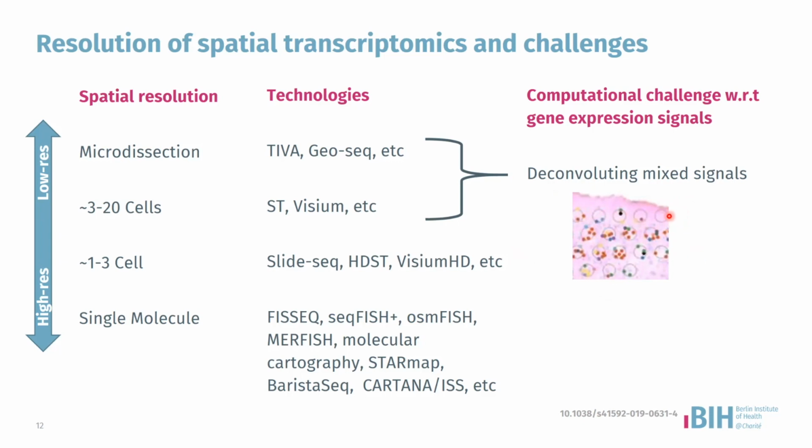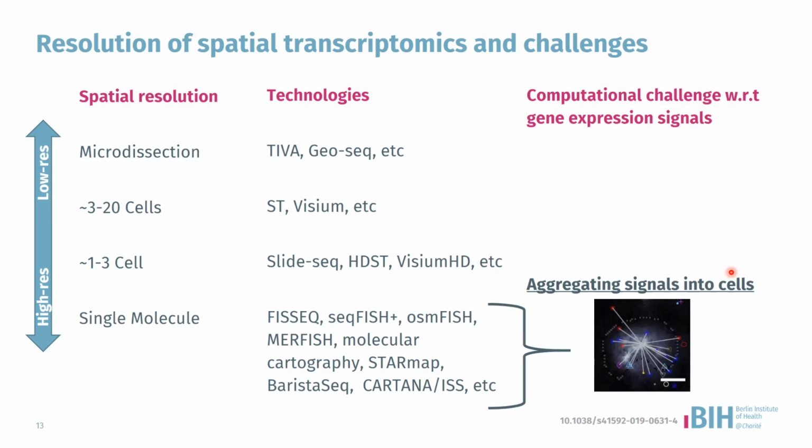In some of these spots, you get a readout just from a single cell. In some spots, you have two cells, but they're of the same type. But in other spots, there are multiple cells of different cell types, and you would need to apply some sort of deconvolution algorithm to identify what cell type signatures are contributing to the readout in this particular spot.